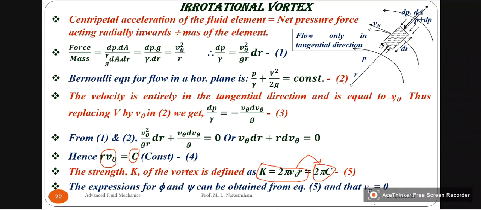So it is 2 pi C. So the strength of the vortex is 2 pi C. Now we proceed to determine the expressions for phi and psi.